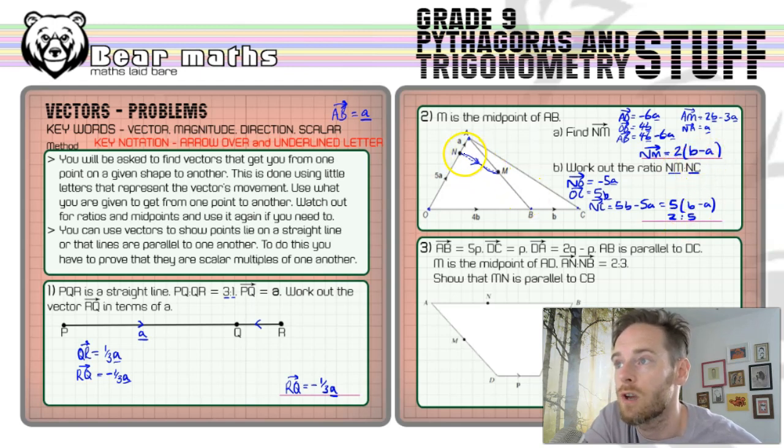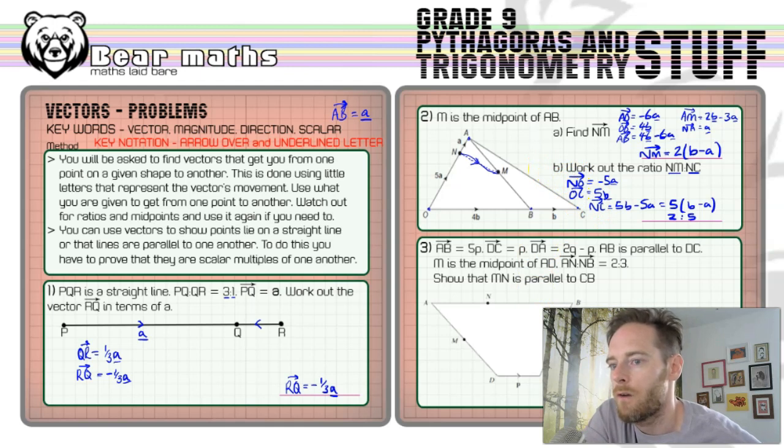This also, incidentally, for this question, means that NMC is a straight line, because N to C is an exact multiple of N to M. And M is that point that's in common between them. Hopefully that makes sense. I can't really do much more for you on that one.